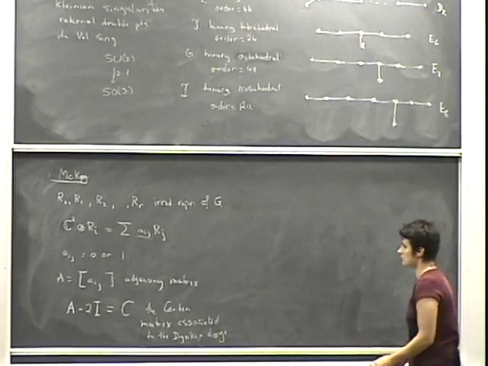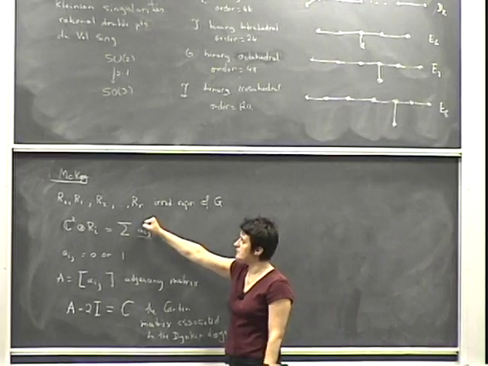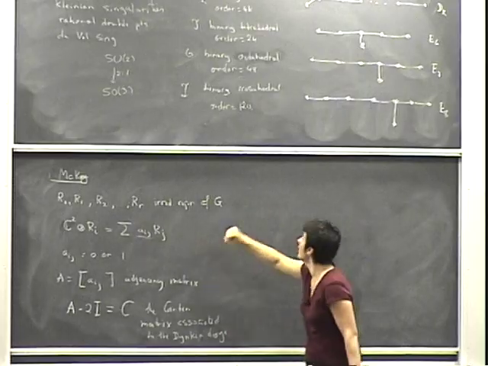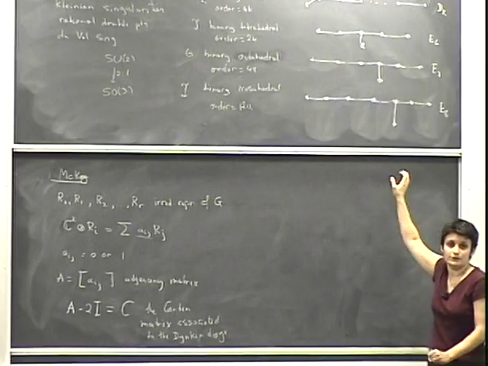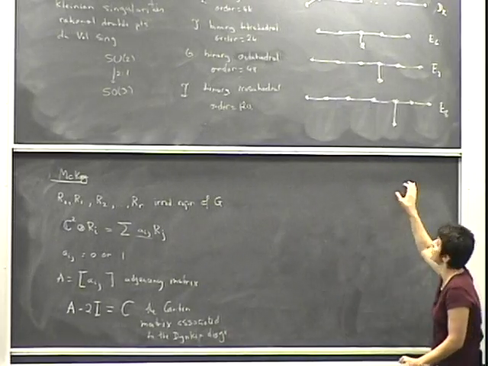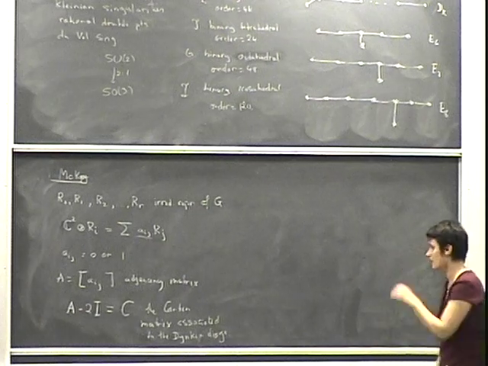So really the representation theory of the finite subgroup encodes everything about the Dynkin diagram and the corresponding Lie algebra.